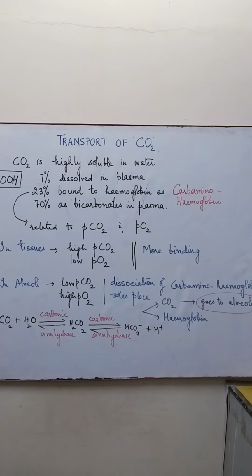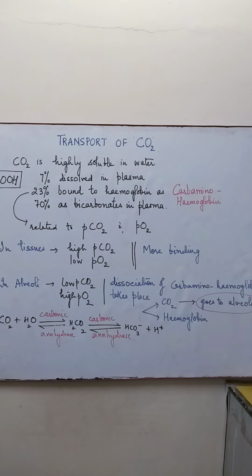Now, the RBCs, that is the red blood corpuscles, which are found in the blood, have a very high concentration of an enzyme called carbonic anhydrase. This carbonic anhydrase enzyme is responsible for the formation of carbonic acid in the plasma. Now, what is happening over here?